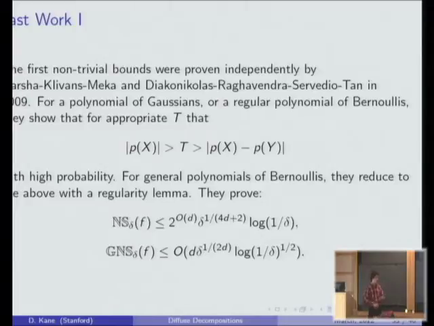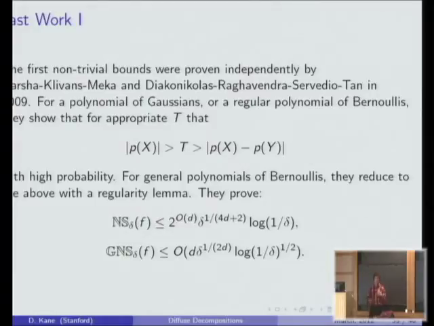Okay, so what's known? Gotsman-Linial has been known for a long time for degree 1, but for degree more than 1, it took a while until anything non-trivial could be said. These first non-trivial bounds were proven by two groups at basically the same time in 2009.